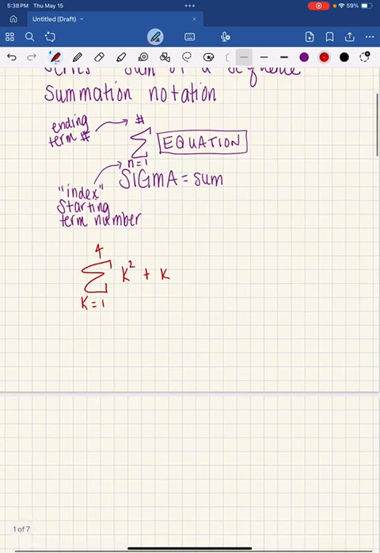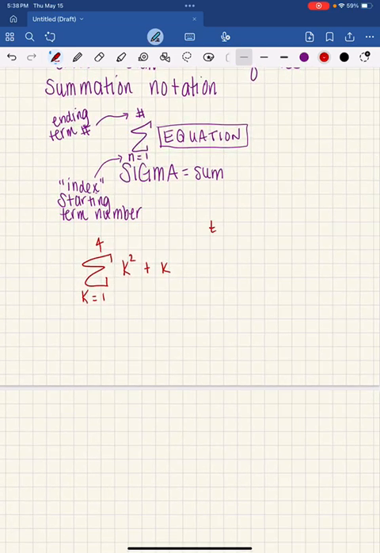What this means is, starting with the first term, plug in 1, and that's going to be 1 squared plus 1, which is 2. The second term, I'm going to plug in 2, and that's going to be 6. I hope no one's here to correct my careless mistakes.